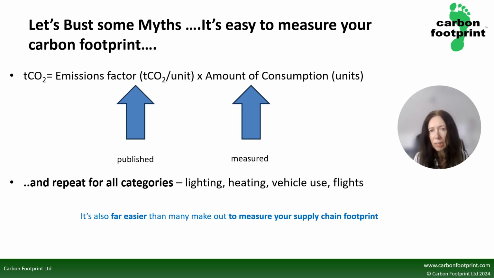We've got a published number being an emissions intensity factor multiplied by a measured factor, which could be to do with the electricity usage in kilowatt hours, it could be fuel usage in litres, etc. Ultimately, you're just going to multiply those two numbers together across a range of different things as relates to your buildings, heating, ventilation, air conditioning, flights, transport, all those sorts of things, but still just multiplying two numbers together.